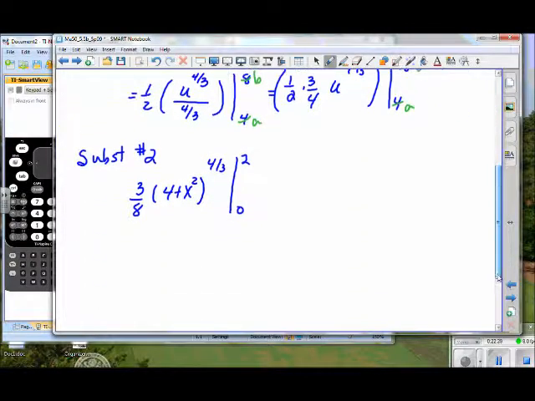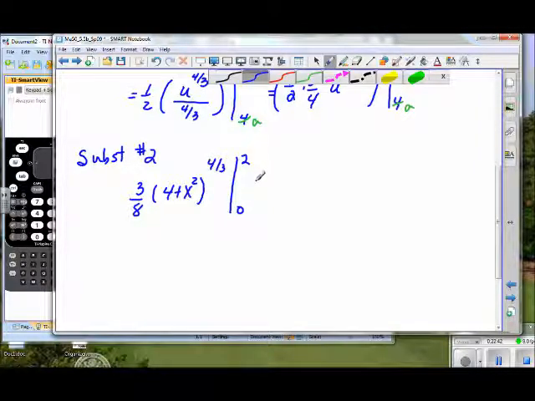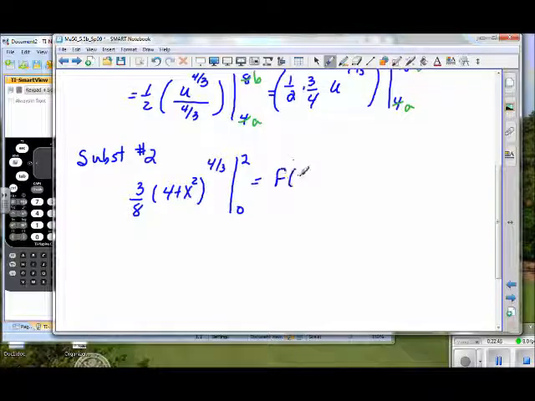We're going to go right back to our variable x, and so the bounds would remain 0 to 2. Now keep in mind, we're going to use the antiderivative with the input value of 2, and then from that subtract the antiderivative with the input of 0.